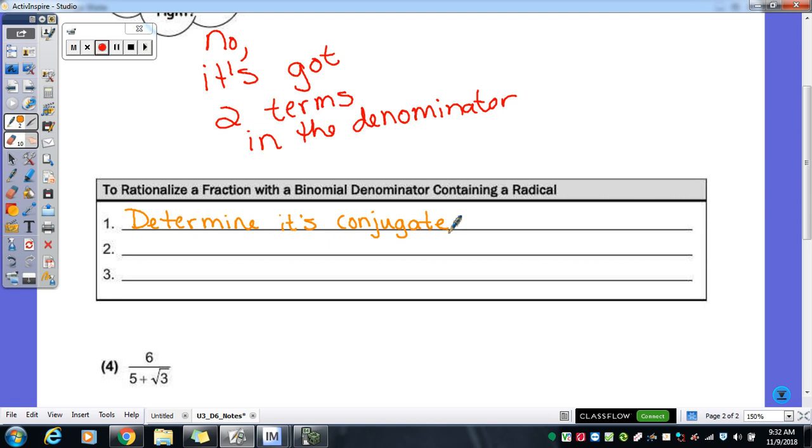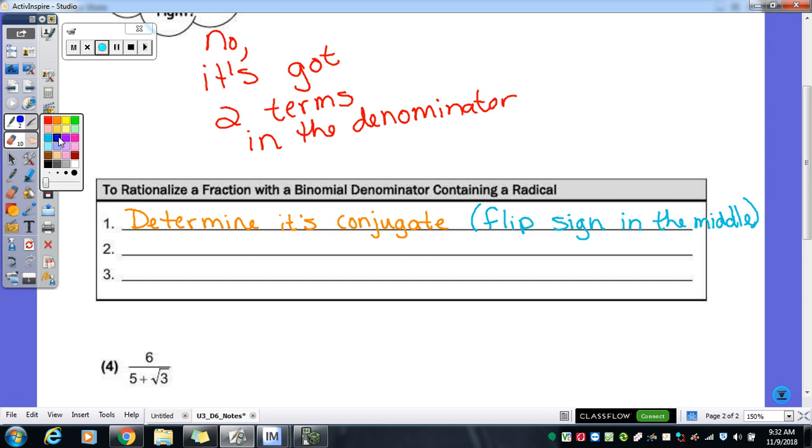Conjugate's a new word. Most of you probably have not heard of conjugate yet. Conjugate simply means flip the sign in the middle. That's how we determine the conjugate. You simply change the sign in the middle. None of the other ones, just that one in the middle.